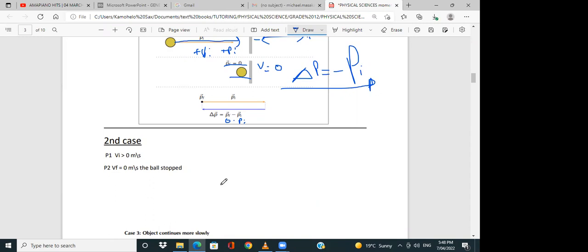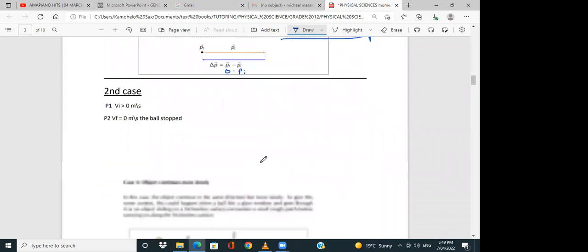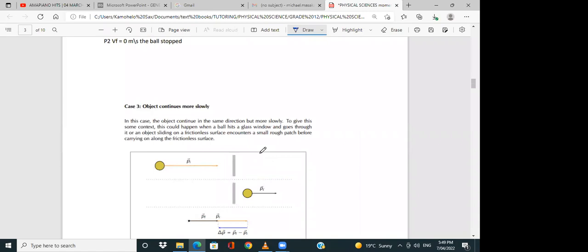But if something is going towards a wall and then it stops, just know that its change in momentum is equal to negative its initial momentum. And still bearing in mind, momentum is equal to the product of an object's mass multiplied by its velocity.